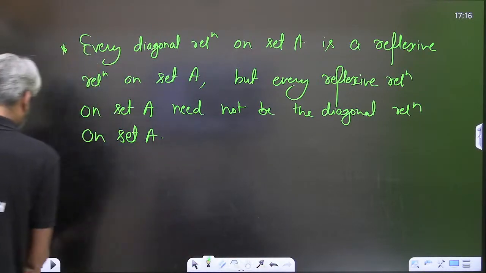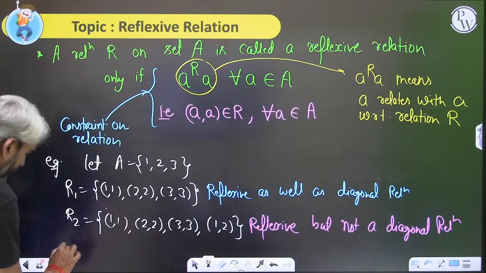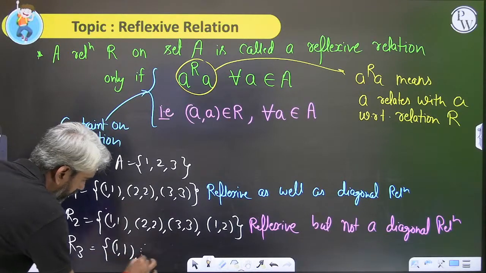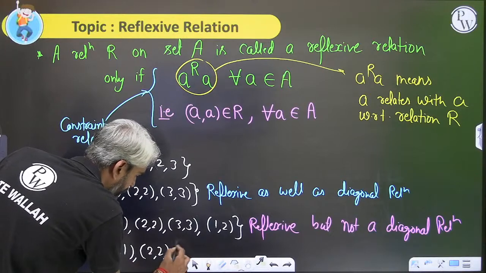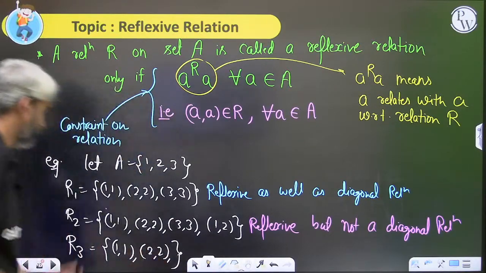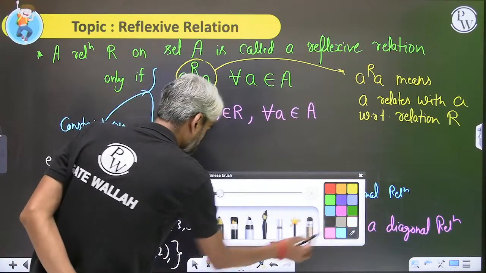Now let's go back and look at an example which is not a reflexive relation. If I have some of the diagonal order pairs, but we do not have the others, will it be reflexive? No, sir. 3 comma 3 does not belong to R3, therefore not reflexive.